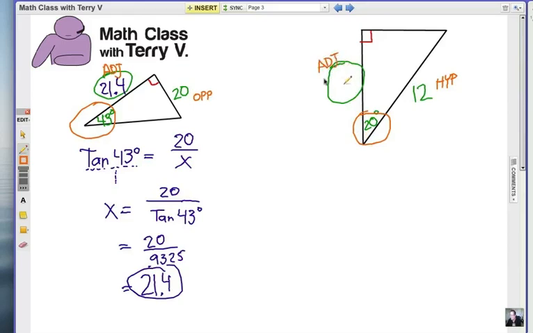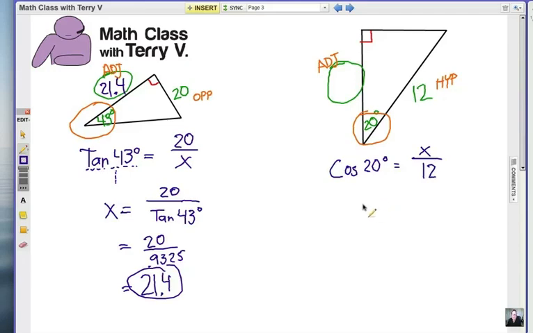Alright, take a peek at the trig functions list, or hopefully you've memorized it. Which trig function uses the hypotenuse and adjacent? That's right, that would be cosine. So cosine of 20 degrees, the adjacent leg, which we will call x for now, over the hypotenuse, x over 12. All right?